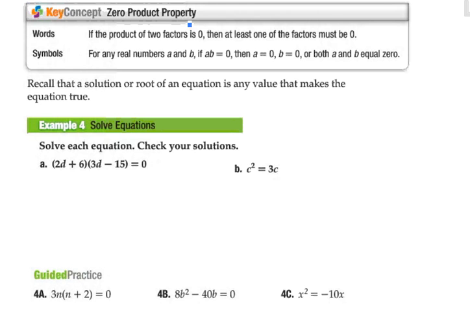So we already talked about the zero product property, that any number times 0 is going to be 0. It doesn't matter where it is in the order of the whole term. As long as there's a 0 in a product, it's going to cancel it out. So when we look at equations like this with example 4, when it says solve each equation, since we are multiplying right here, if we put a 0 into this first piece, we know that no matter what number comes out of this piece right here, our answer is going to be 0.